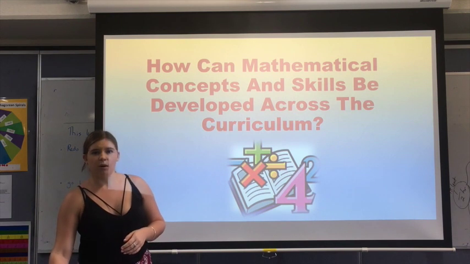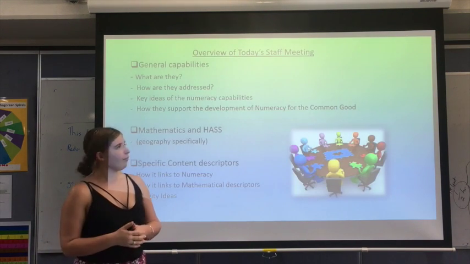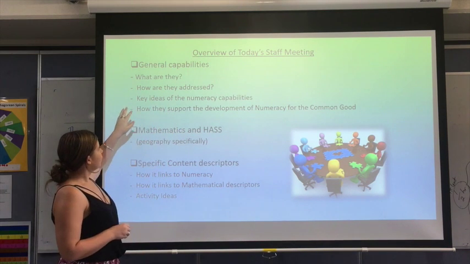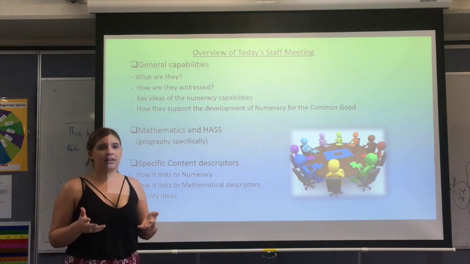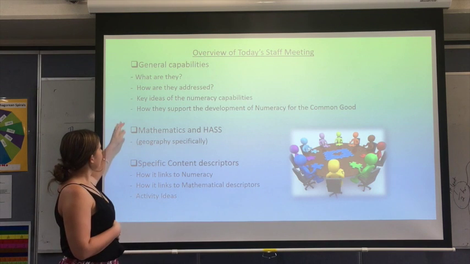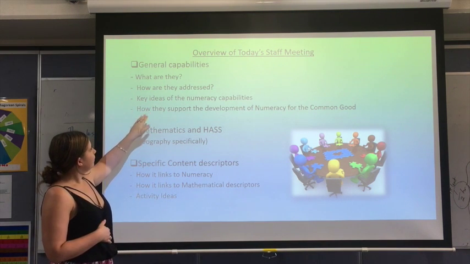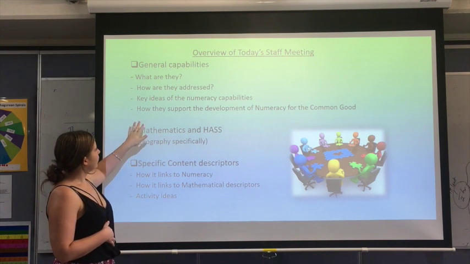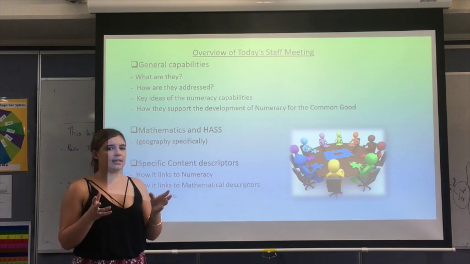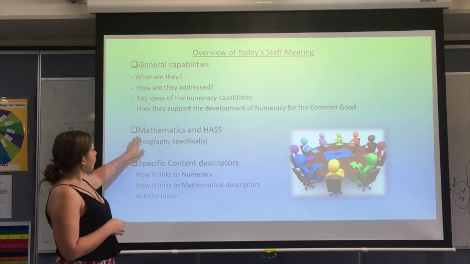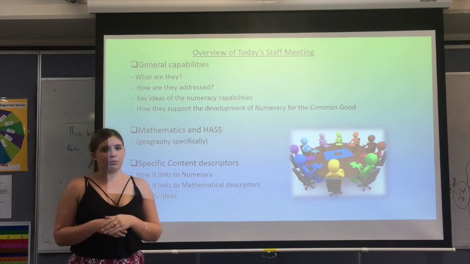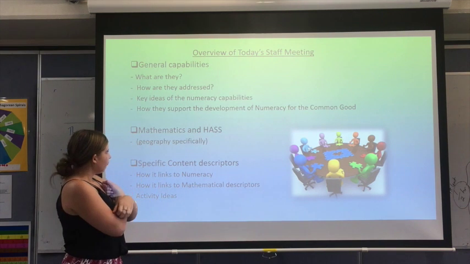So a bit of an overview: firstly we'll be looking at the general capabilities in terms of what the Australian curriculum says about them. We'll be looking at what they are, how they are addressed, and the key ideas of the numeracy capability. We will then look at how they support the development of numeracy for the common good.